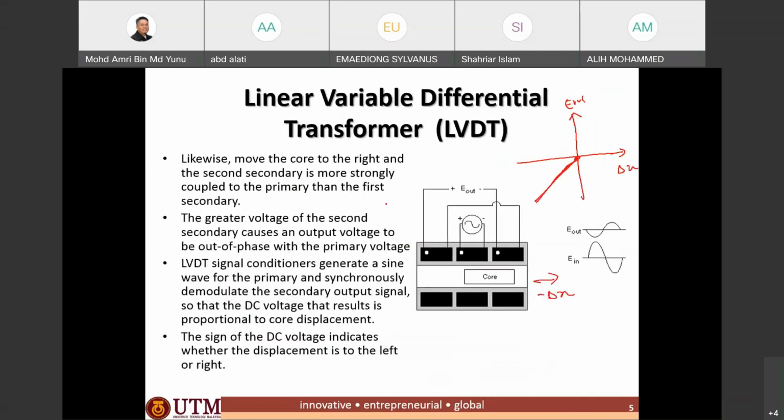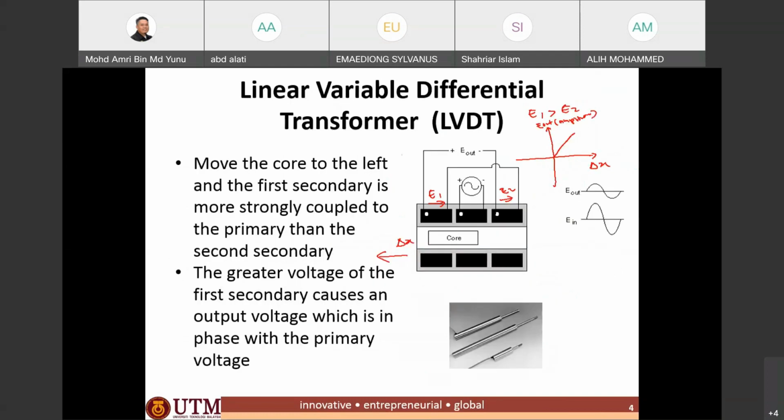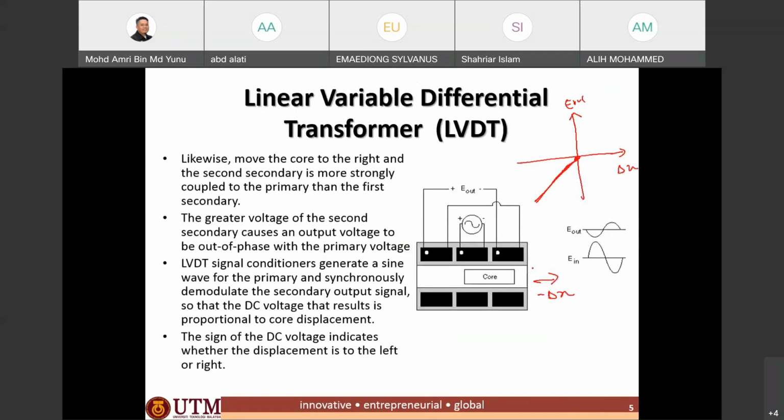Okay, but when it moves to the right, basically the output is 180 degrees out of phase. Okay, so that is represented by the negative value of the amplitude.